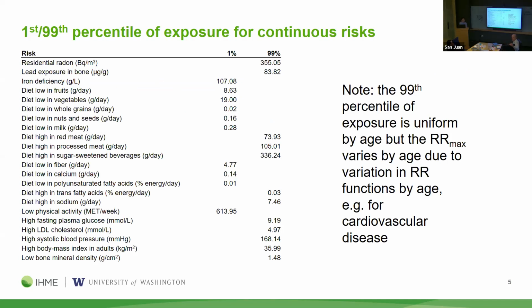You wouldn't want to go lower than that. 1.48 bone mineral density, that is pretty strong bones. But I think it's because it has an age gradient. You're not taking that into account.